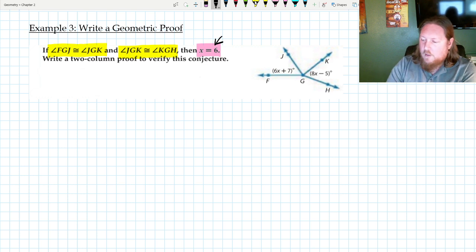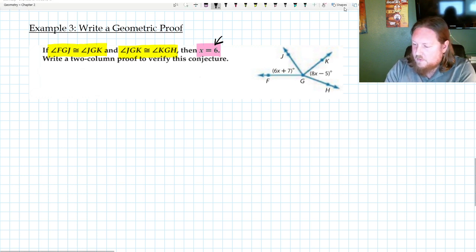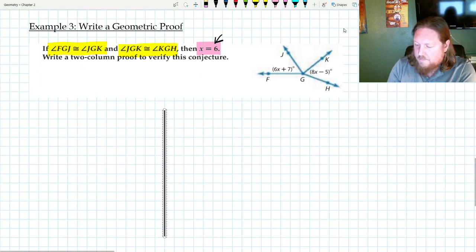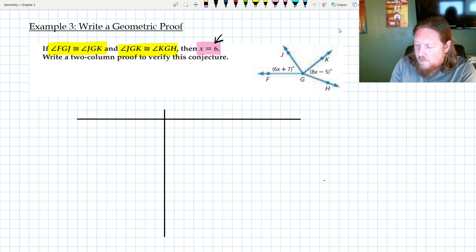Now, let's set up our columns here. So there's my vertical column, and we will do a horizontal column. Statements, reasons.